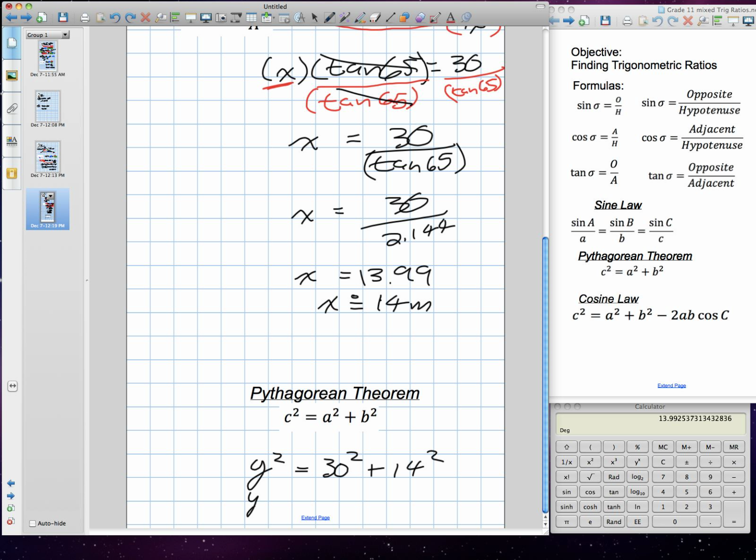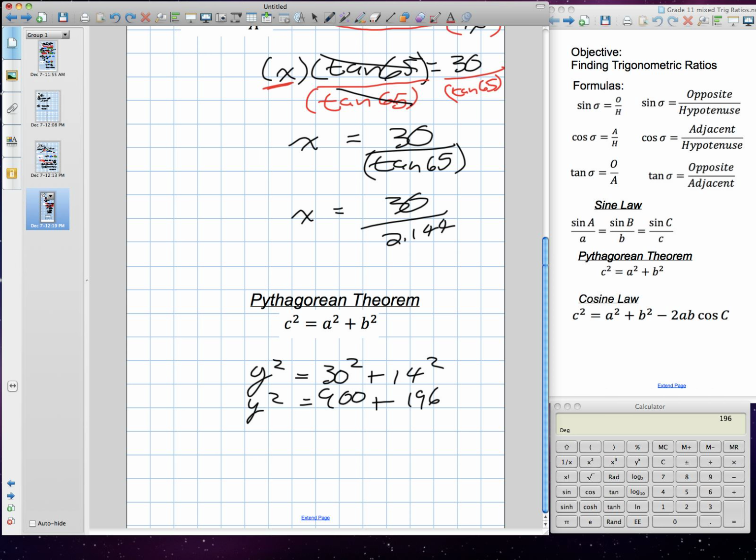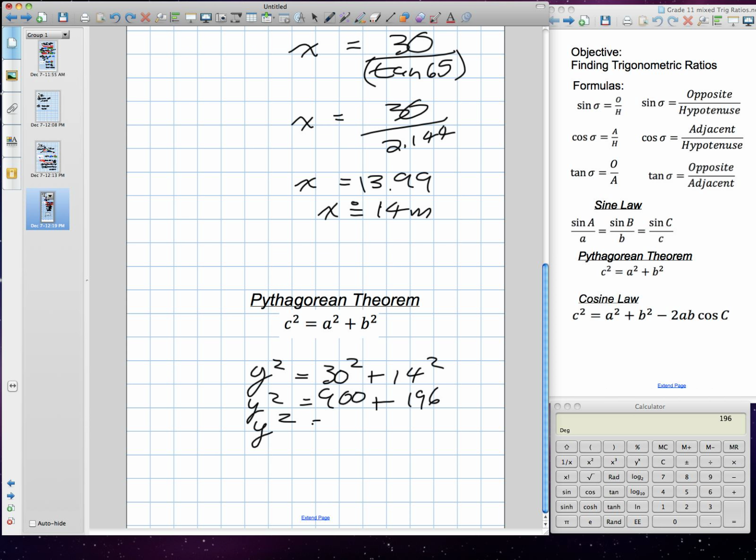Y squared is equal to 900 plus 196. Y squared will equal 1096. We square root both sides.